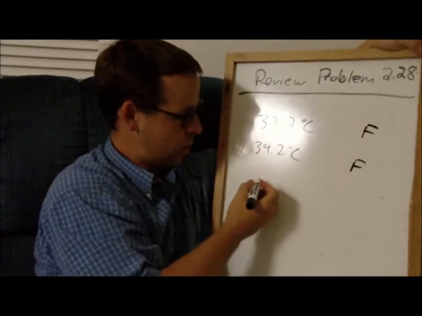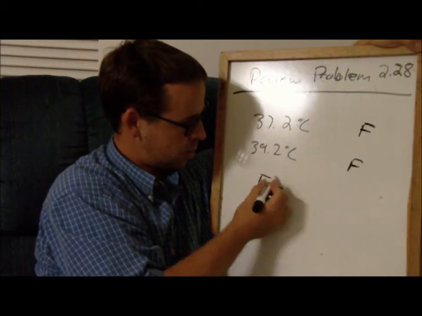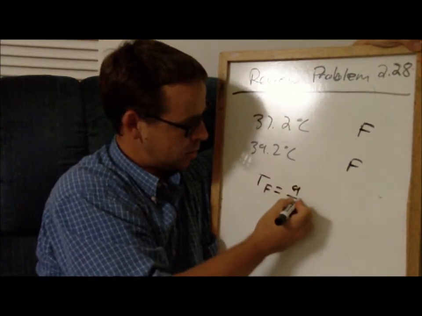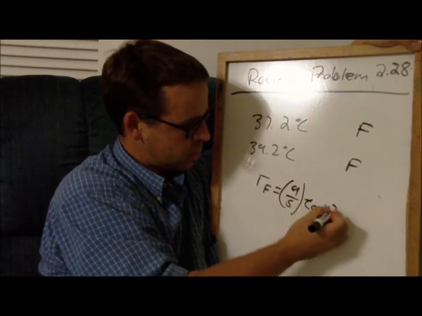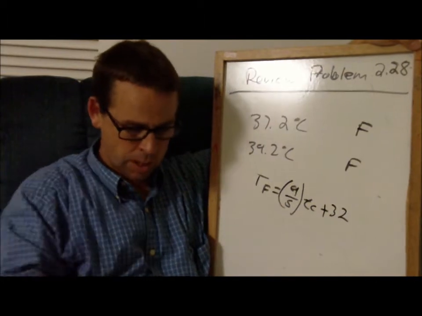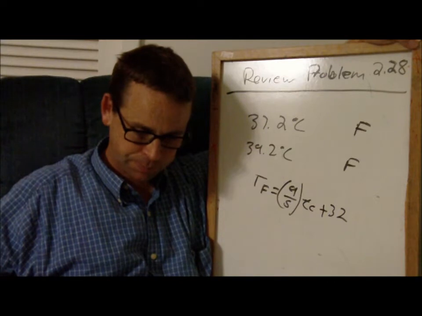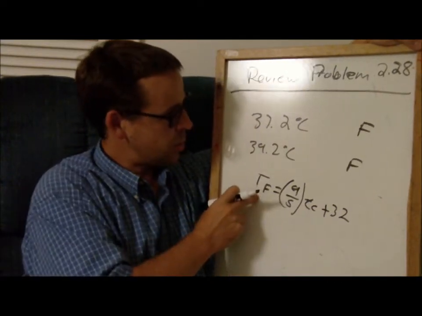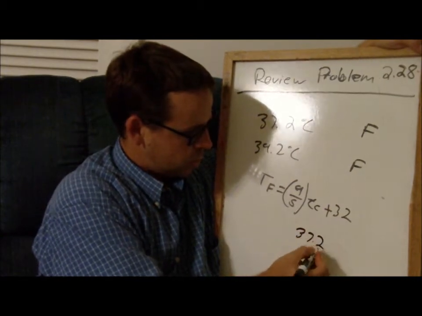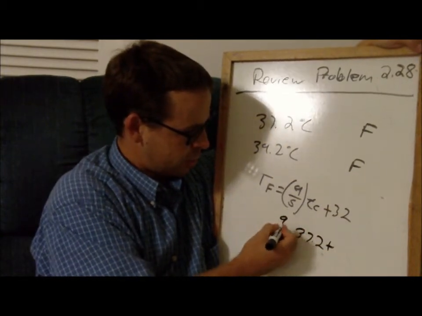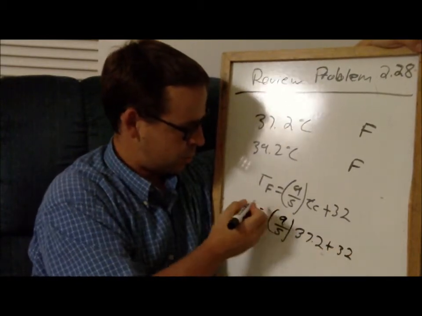Well, again, temperature in Fahrenheit is 9/5 the temperature in Celsius plus 32. And that equation is on page 57. So first we multiply by 9, divide by 5, and then we add 32, and that'll give us our temperature in Fahrenheit.